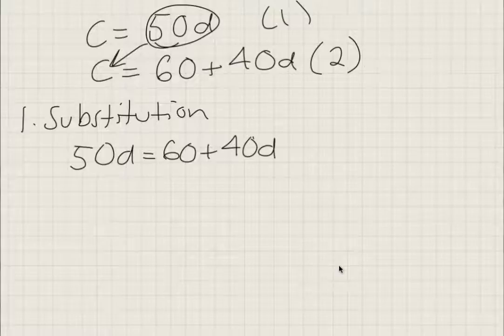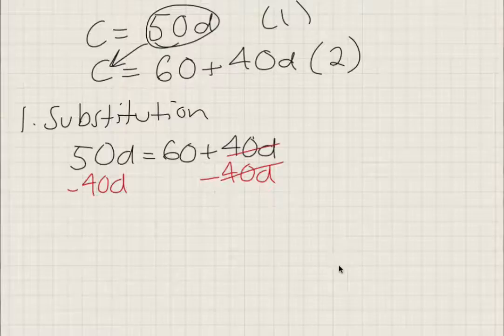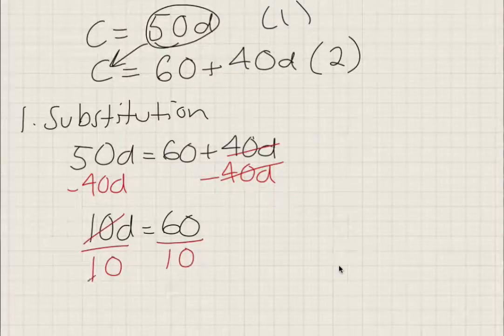Now we need to get 40D onto the left, so we subtract it from both sides so that these cancel. And then on the left we are now left with 10D equals 60, and we need to get rid of the 10, so divide by 10. Okay, and then we are left with, therefore, D equals 6.